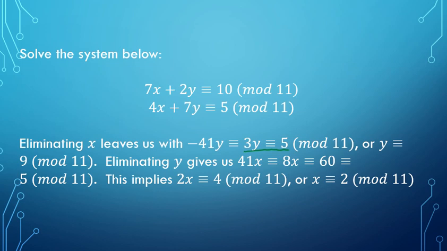So that's why we have the 8x there. I have the 7 times the 10 to give me 70, minus the 2 times the 5 to give me 10. 70 minus 10 is 60. 60 mod 11 is 5. So I'm solving 8x is congruent to 5 mod 11.